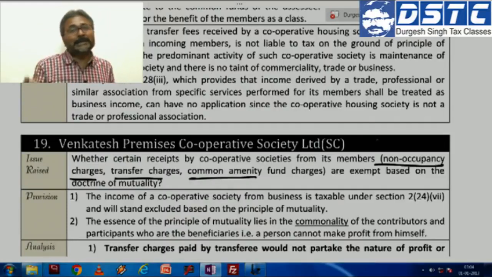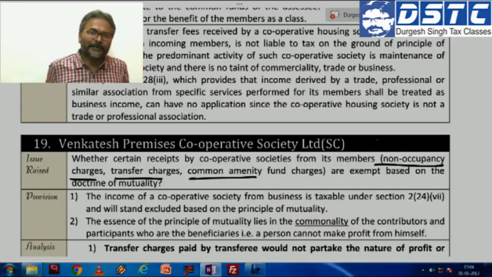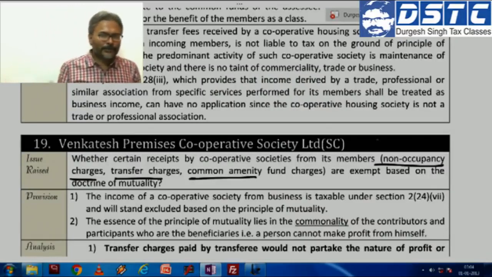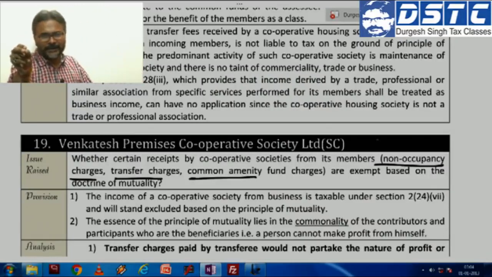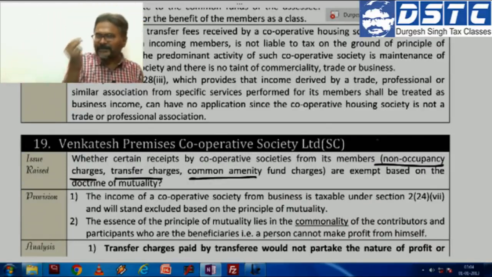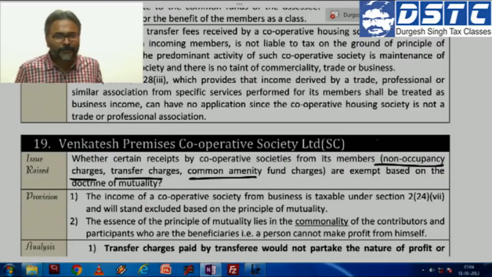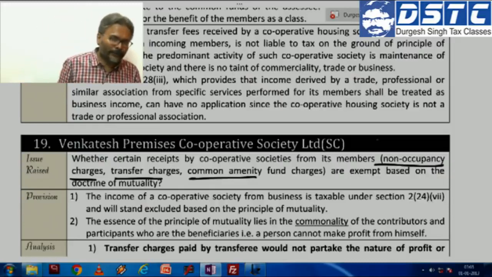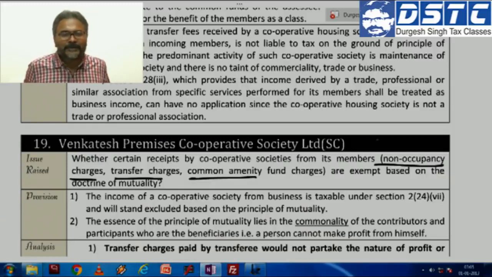So if somebody is earning from the property in the society, the society was saying that of that earning amount, give some money to the society. Non-occupancy means you are not staying, but you have given it on rent, and because of that you are earning some money from the property in the society, and hence give some money to the society also. Similarly, there are transfer charges.